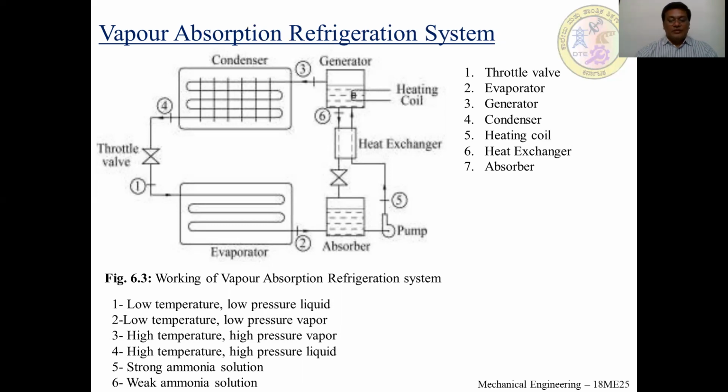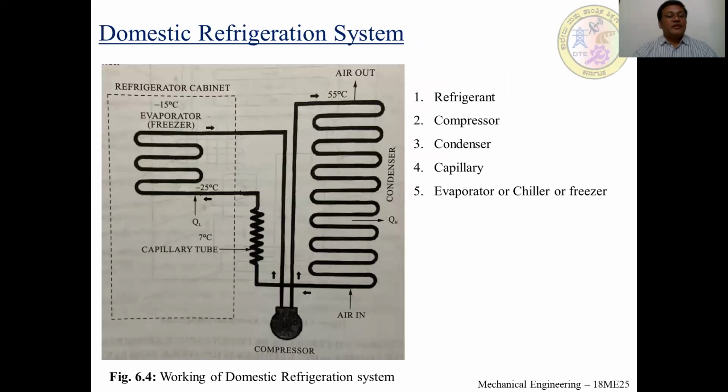Next is the domestic refrigeration system. Figure 6.4 shows the working of the domestic refrigeration system. Here also we have important components like the compressor, this part is the condenser, and then this is the evaporator.